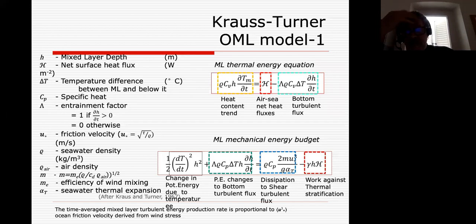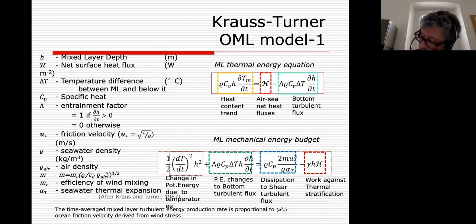And it can give us some hint to understand a bit more in detail which are the driving mechanisms that change the temperature and depth.